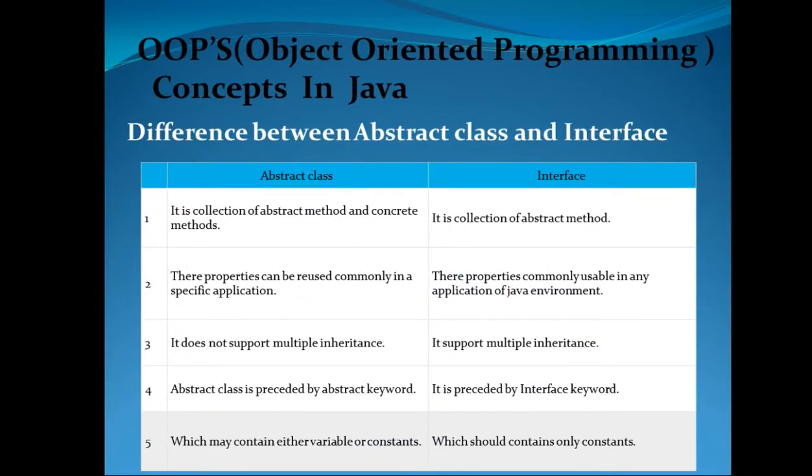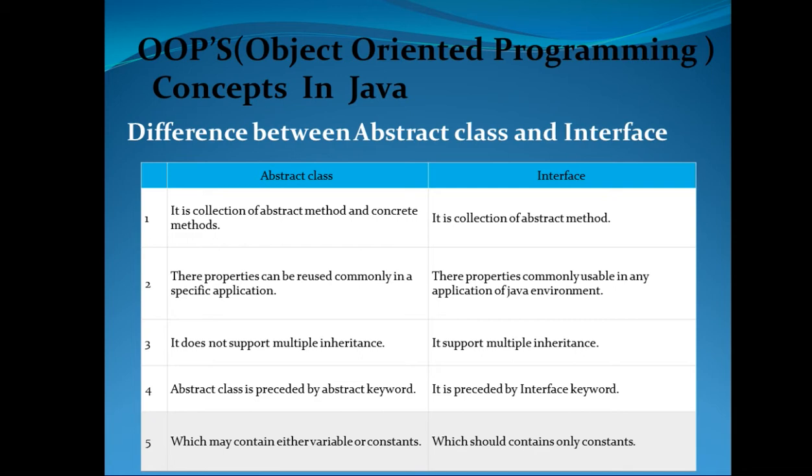So let's discuss the difference between abstract class and interface. Abstract class is a collection of abstract methods and concrete methods, whereas interface is a collection of abstract methods only.